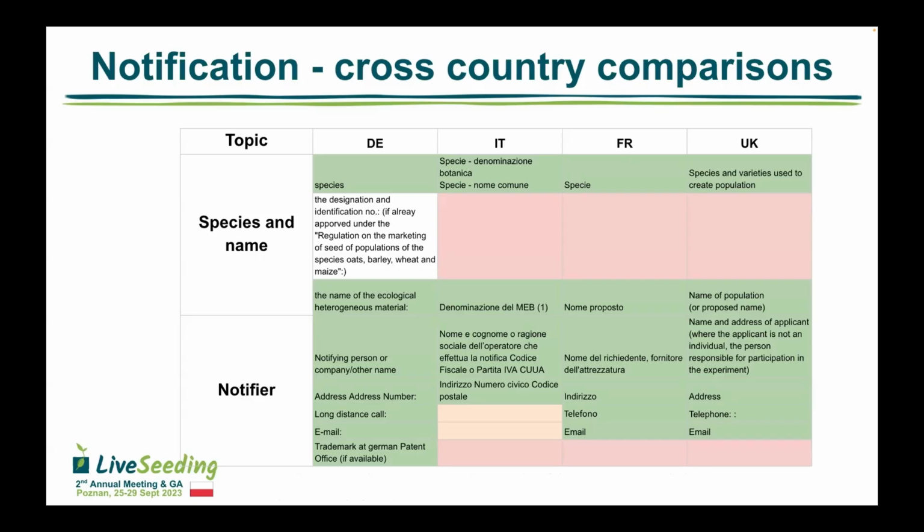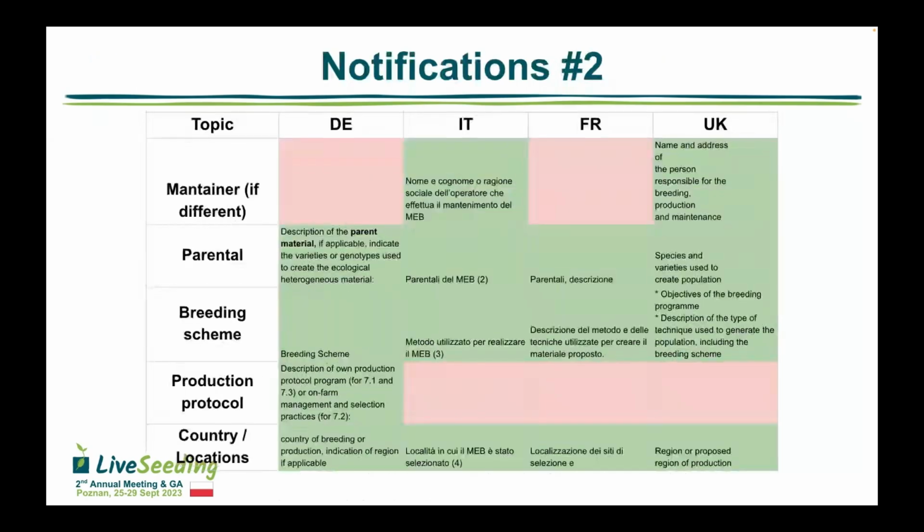there are differences. The basic information, species, notifier, will be quite common for all countries. Then information about the maintainer. The parental and the breeding scheme adopted is very important information. So we also need to understand what the best tools are to manage this type of data.